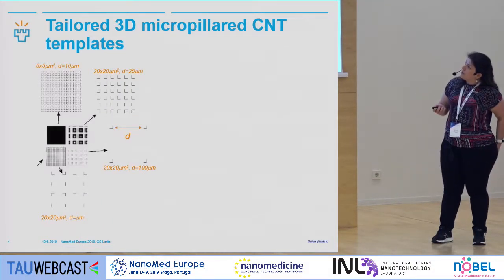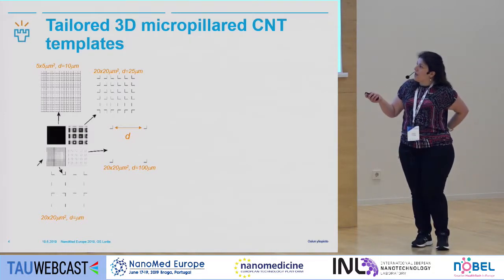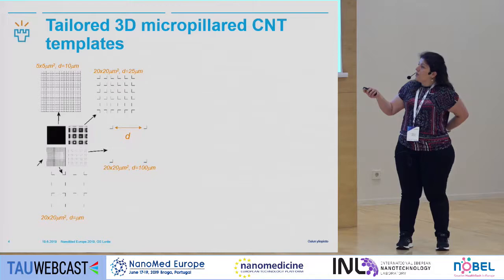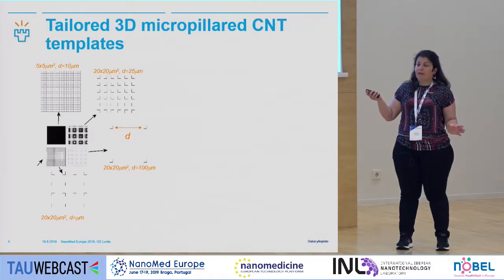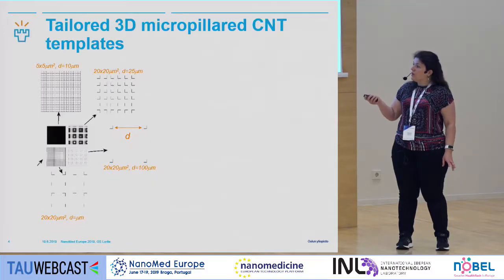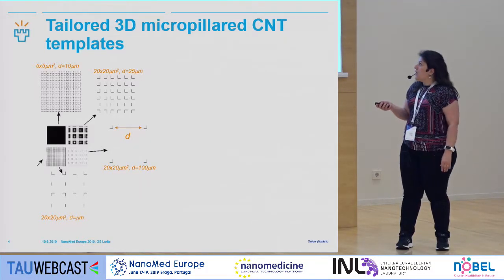In our first test, we designed 4 different structures. The first one has smaller pillars, 5 by 5 microns and 10 microns tall. Then we have the other 3 with 20 by 20 microns, and we changed the distance between them.